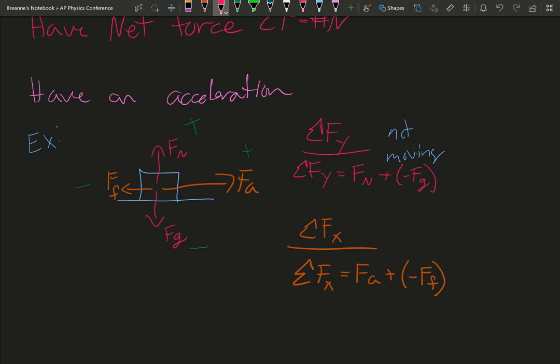But since it's balanced, you have zero net force, which leads to saying that your force of gravity equals your force of normal, because all I did was bring it over. With our net force in the x, we're kind of stuck until we actually plug in numbers.